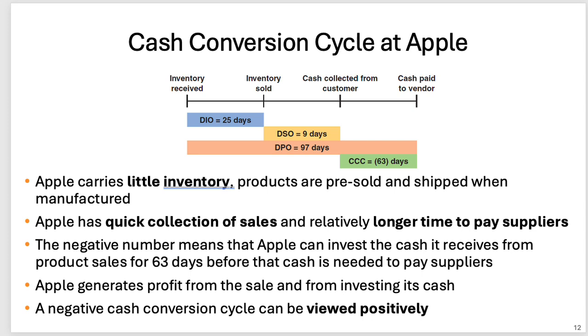It means that the cash conversion cycle is actually negative for Apple, which is very, very rare, and it means that Apple can invest the cash it receives from product sales for 63 full days before they need to pay their suppliers. And what this really means is that this cash conversion cycle is so well managed through a variety of factors, including perhaps brute force and bullying your suppliers, as well as leaning on your customers for pre-sales.